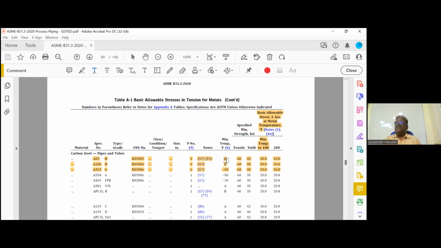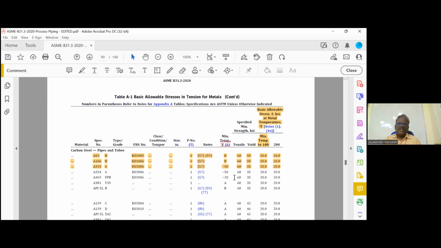B. B means this material belongs to curve B. What is given for A106 grade B? Again it is B. A333 grade 6 is given as minus 50 degrees. You can see here the unit is Fahrenheit. So for A333 grade 6, any thickness we can use up to minus 50. If it is given as curve B, it depends on the thickness, so you have to refer to a table. You understand this? Okay.